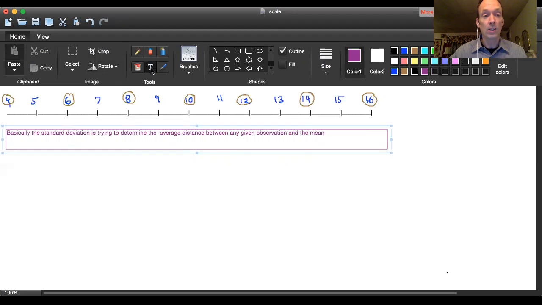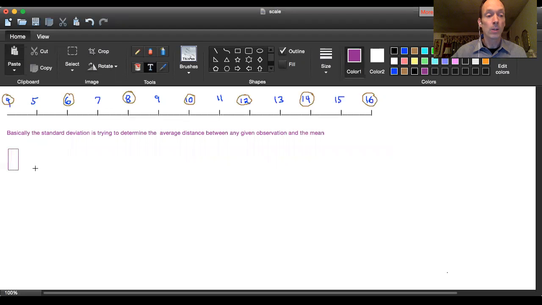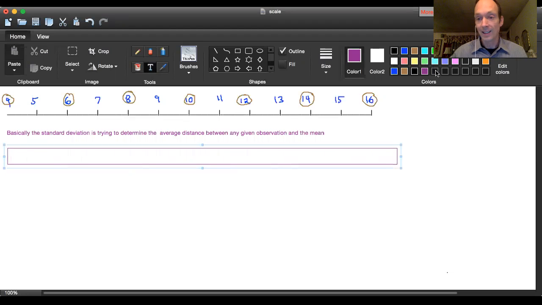So two more takeaways let's put in here. Right down here, we're going to say, and let's use red, why not? If the standard deviation were to increase, that must mean that the average distance between any given observation and the mean is going up. If that's what's happening, that means the data set's starting to spread out.